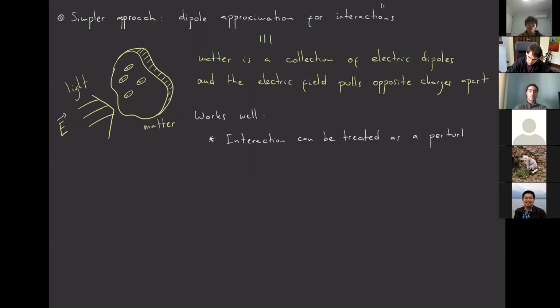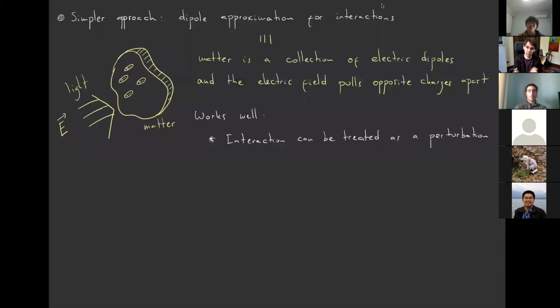Again, this is quite intuitive, because what I am saying is that we have a material with tiny dipoles inside, and you apply an electric field and the dipoles are pulled apart, but you don't break them. You don't change the properties of the material completely radically. In that situation, when the interaction can be treated as a perturbation, this theory will work.